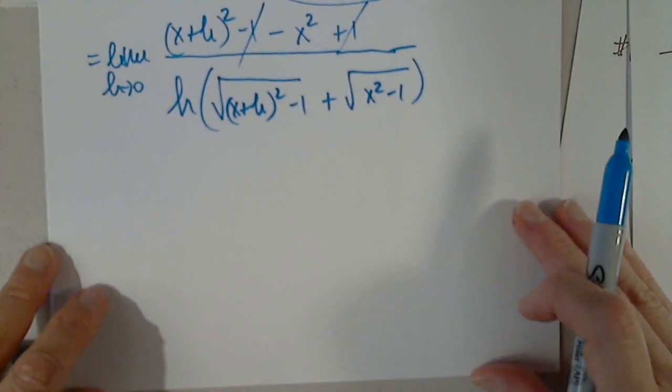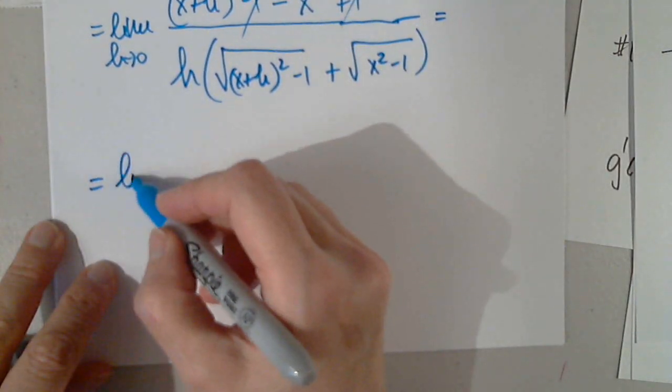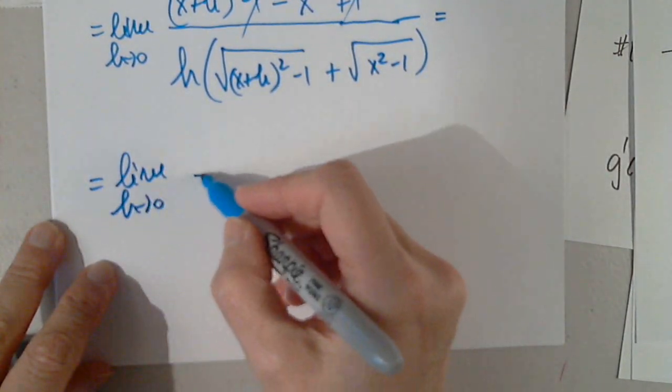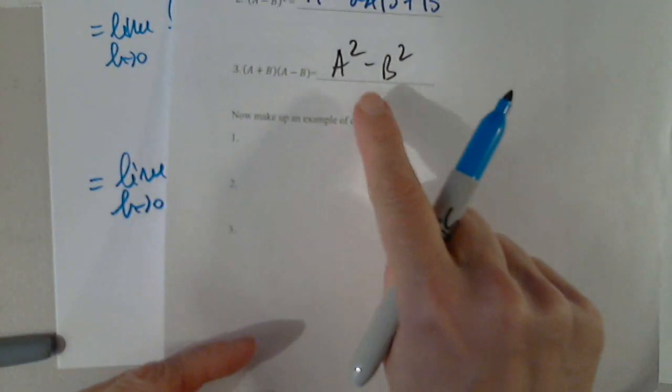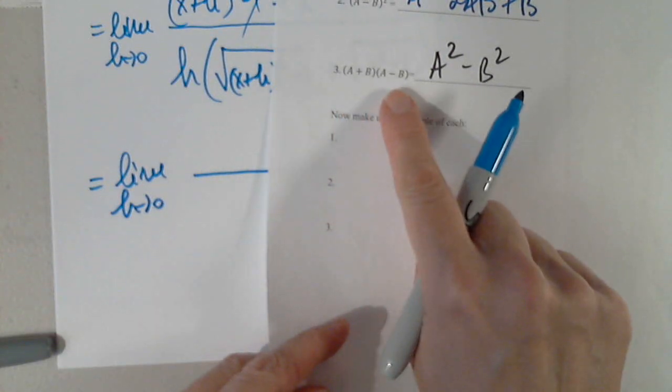These two go away. You can square and subtract. Instead, I'm going to use this backwards. Now I have a squared minus b squared, which is a plus b times a minus b.